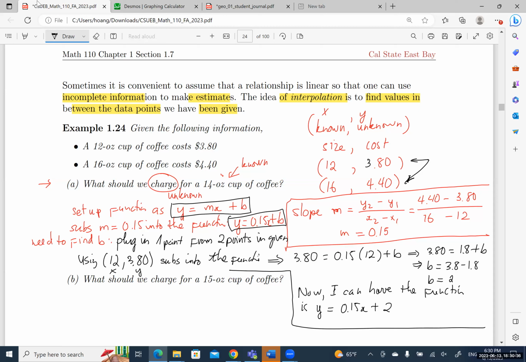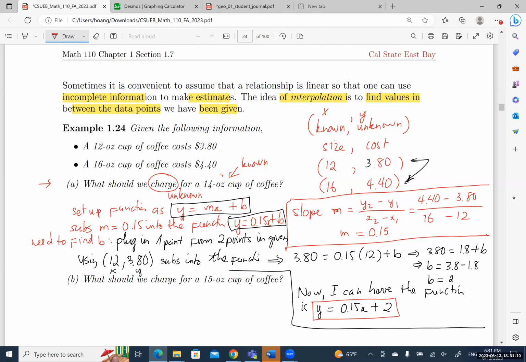Okay. I will use a box to block this like this.